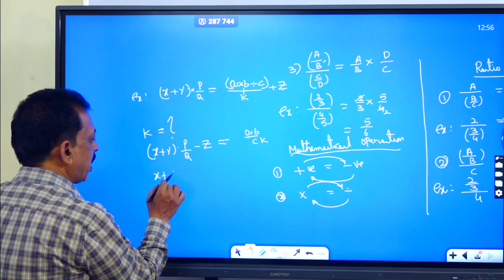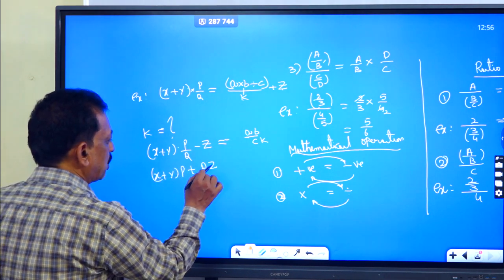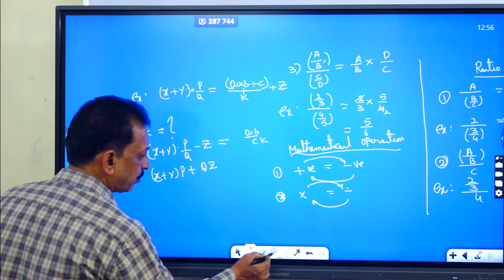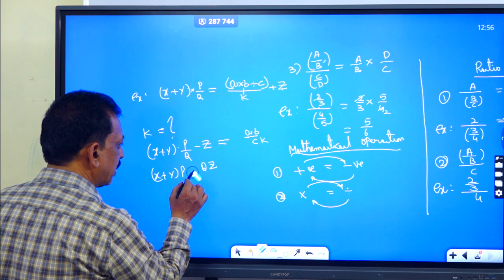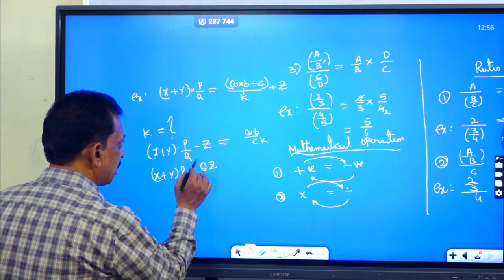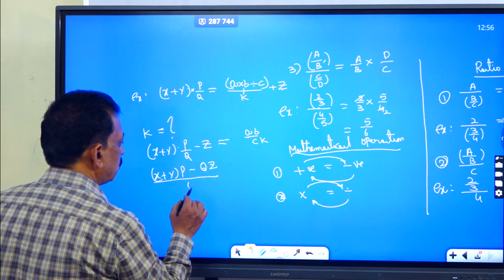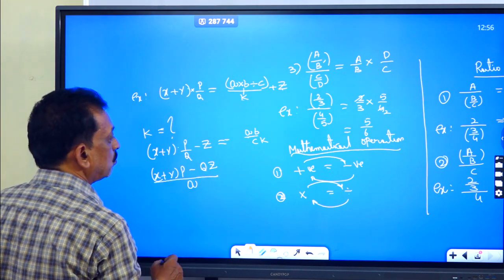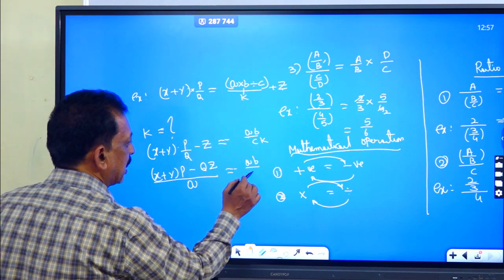So X plus Y into P plus QZ, minus QZ, you got right? Minus, because the minus is there, minus QZ by Q. Okay, that is equal to AB by CK.